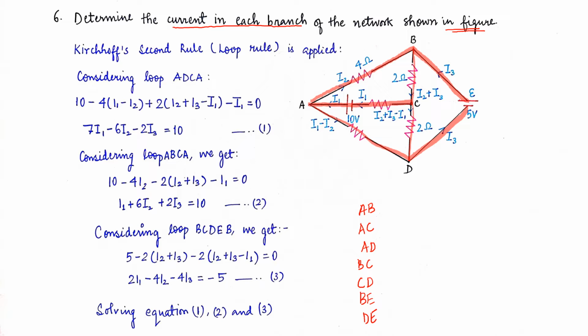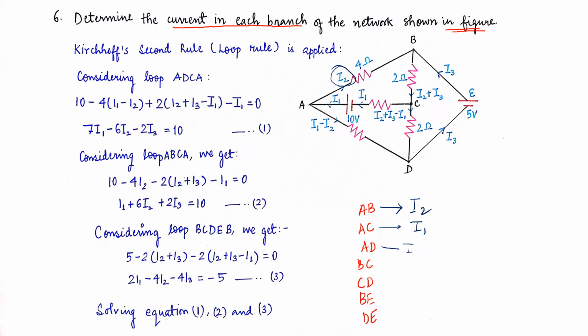Now we will get to know what current is flowing through each branch. Through branch AB, the current flowing is I2. Through branch AC, I1.